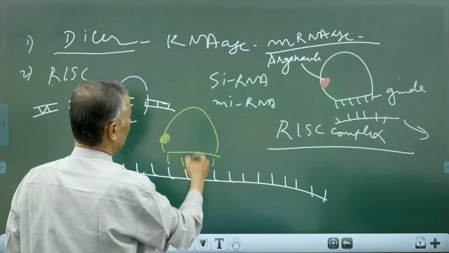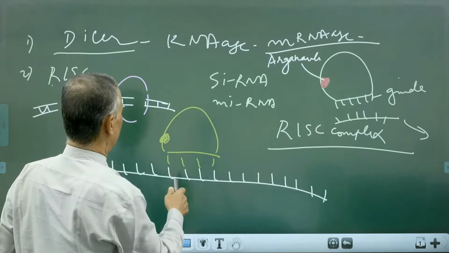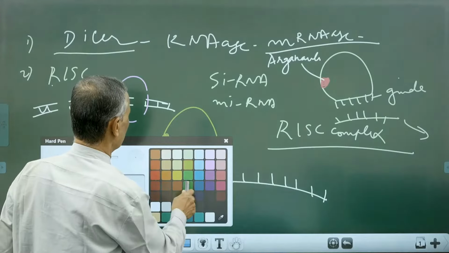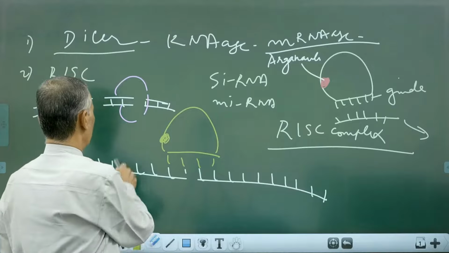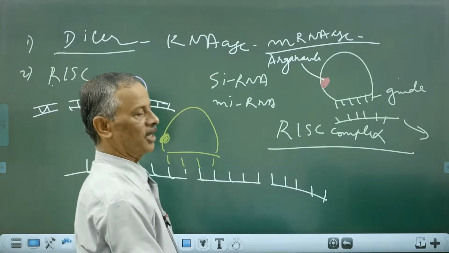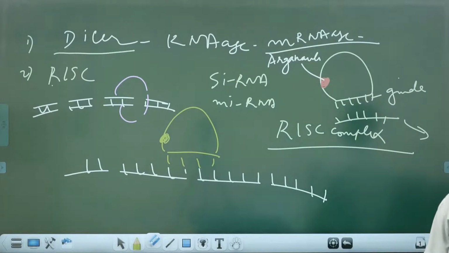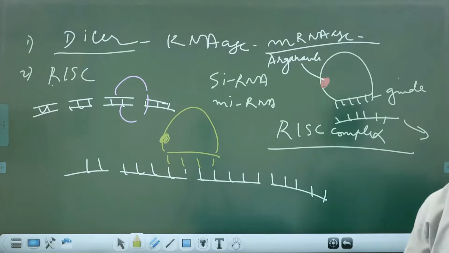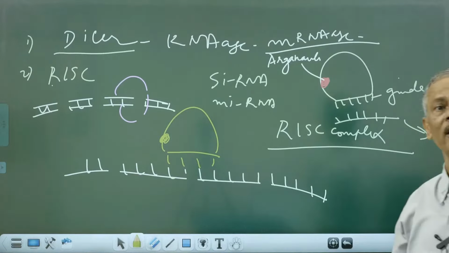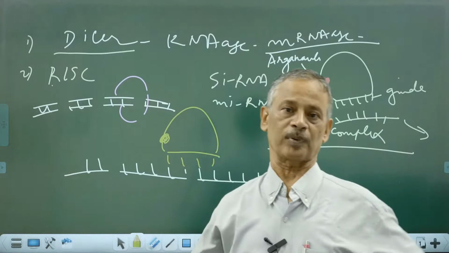With the help of the guide strand, it is verifying. And once it is finding that they are all complementary, it will settle and immediately the Argonaute will come and split or digest that mRNA into pieces. So, mRNA is not allowed to express itself. Though the gene is present and producing an mRNA, the character is never allowed to be expressed.